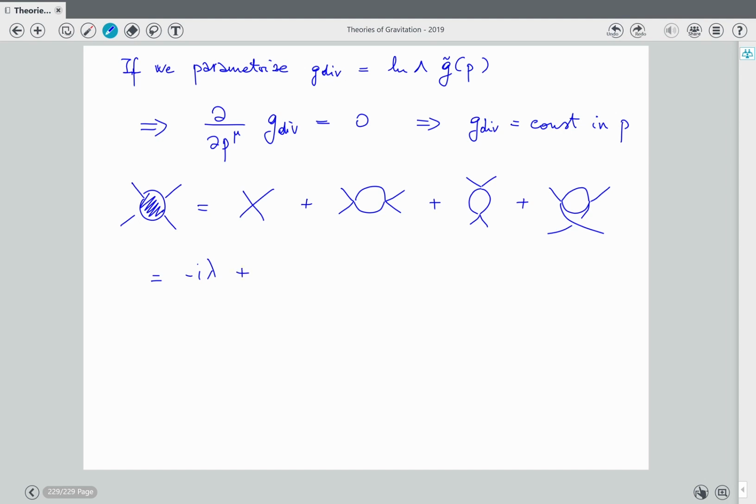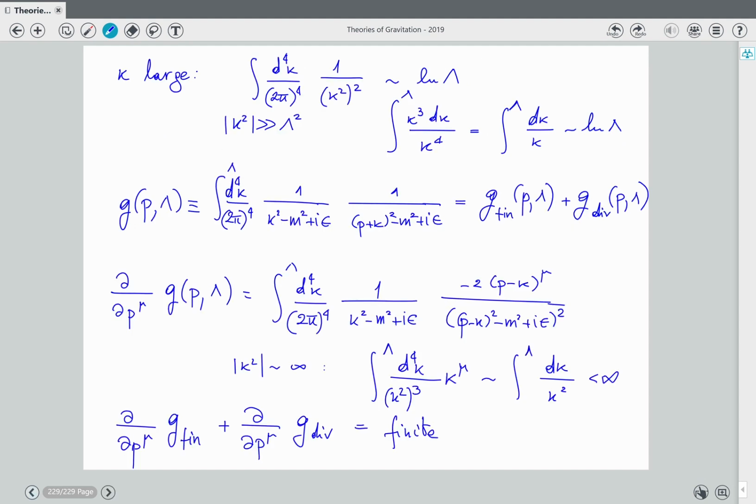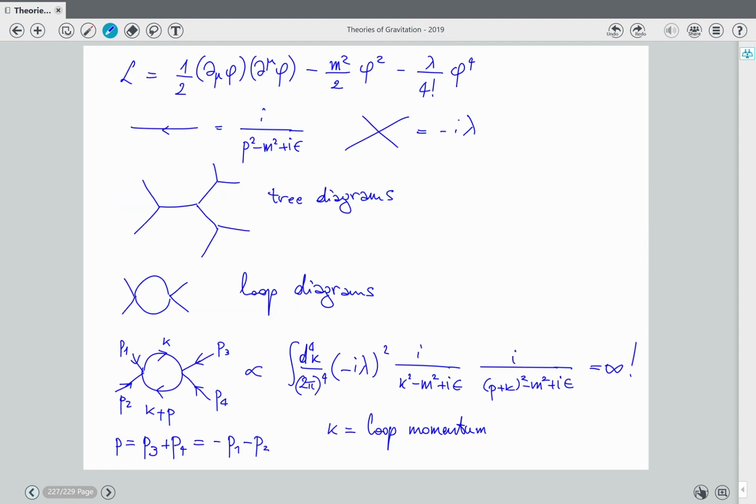Now, this object here is a complicated finite function of P and lambda, plus a divergent part, which we now know very well how to write, because we know that this divergent part. Well, first, how do these things depend on lambda?